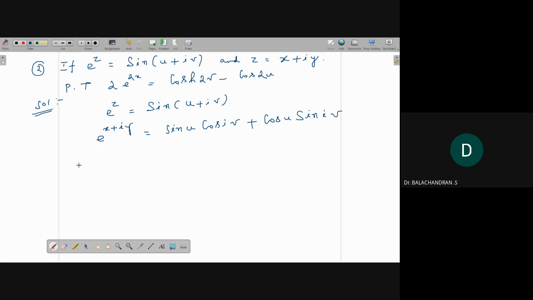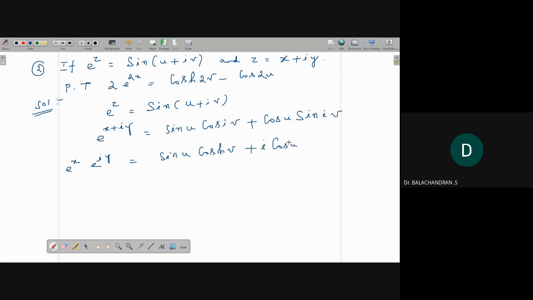So on the left hand side, you can write this as e power x into e power iy, and then sine u into this is what? Cosh v plus cos u into sine iv.